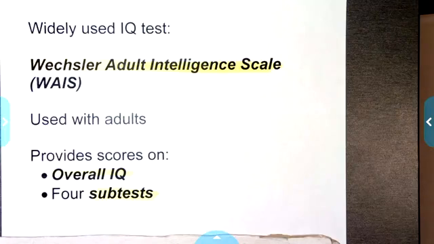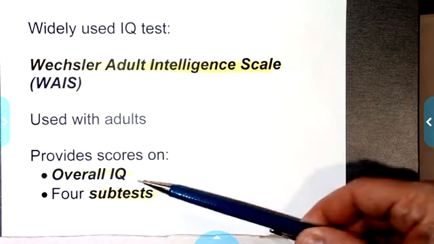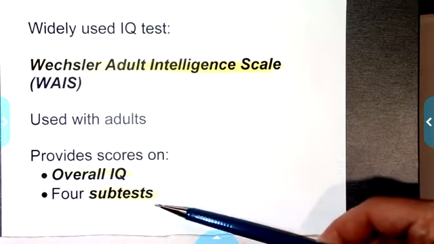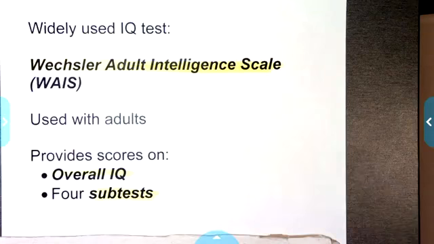One of the innovations of the WAIS is it not only gives you your overall IQ score, but it also gives you scores on 4 subtests. There is your overall level of intelligence, but there's more than one construct that goes into it, and those different mental abilities are measured by the 4 subtests.